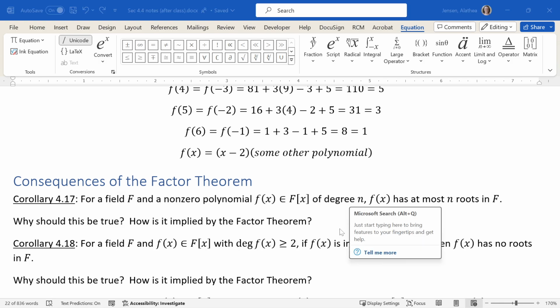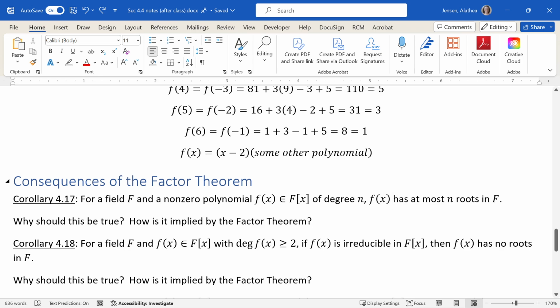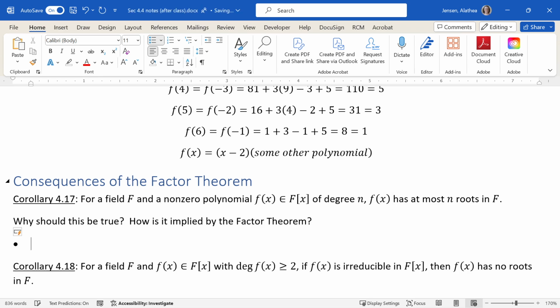So I think for me this makes the most sense if I think about it from a standpoint of contradiction. Like if this part wasn't true, like if f of x had more than n roots, then it would have to have degree more than n. It's not written in the form of an if-then, but implicitly this is an if-then statement for a field F and a non-zero polynomial f of x in F bracket x.